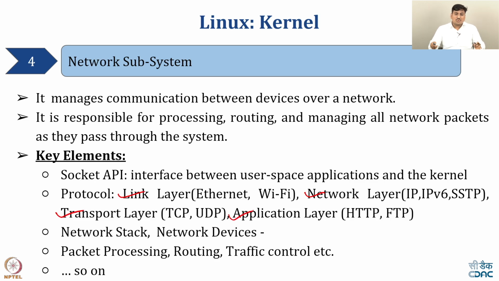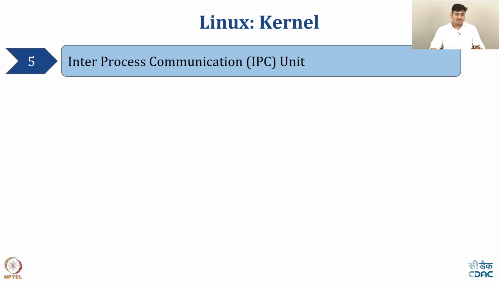So managing all those things is part of the network subsystem. Then managing the network stack, network devices, packet processing and routing traffic are all key elements of the network subsystem of the Linux kernel.